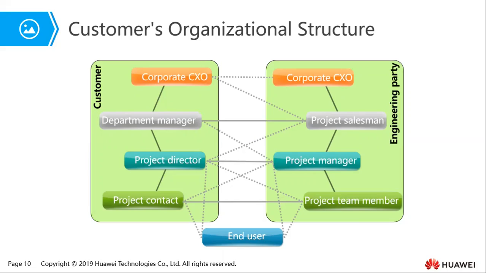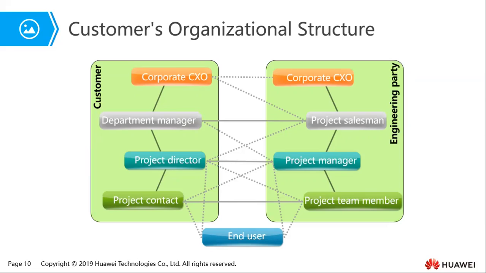So the initial stage, of course, we might need to talk to all of them. Maybe we can start from the project manager in order to understand the higher level information about the project, for example, the budgets, their technological inclination and such things.